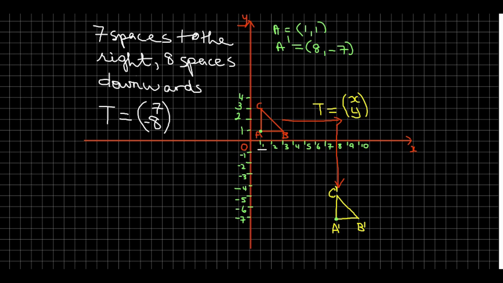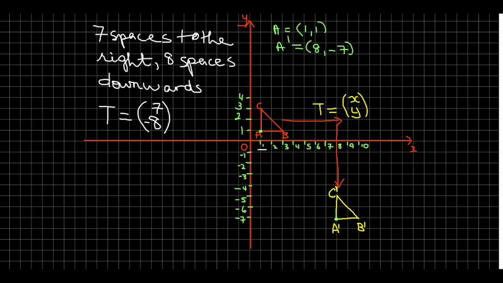Alright, now I mentioned that you can get your translation vector using the coordinates in a different way, and this way is a method that involves understanding our algebra with matrices, with vectors, because vectors being a subgroup of matrices, we needed to understand how we do our operations with matrices first and foremost.